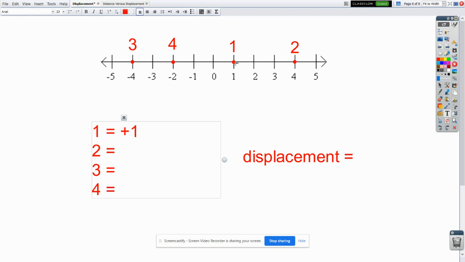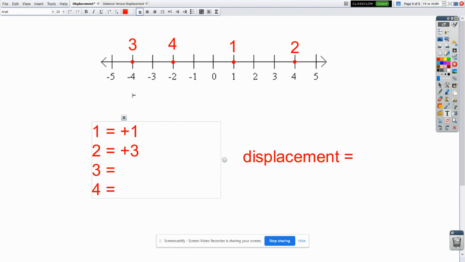For the next component, we go from positive 1 to positive 4. So again, take your final x position, positive 4, minus your initial x position, positive 1. Positive 4 minus positive 1 is positive 3.